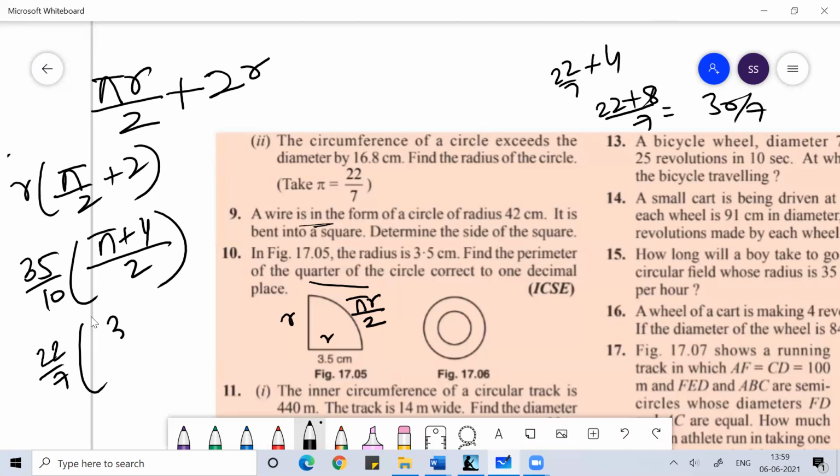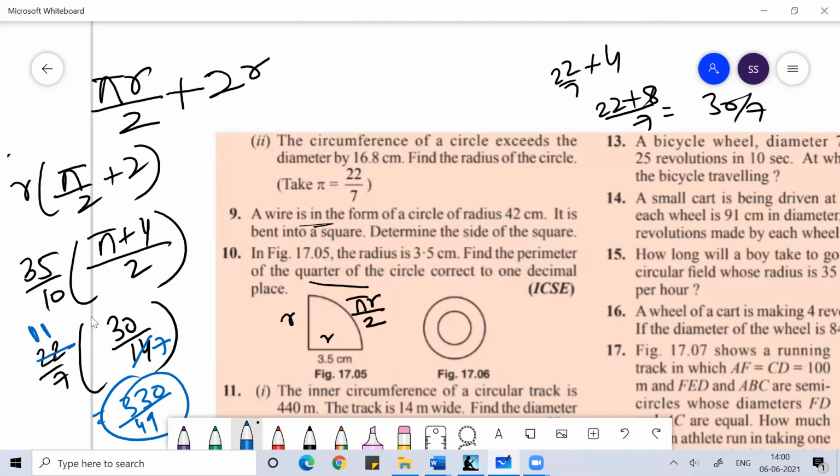By 2, it is 30 by 14. Then this is 11, this is 7. Nothing else you can cancel, right? This is 330 by 49.